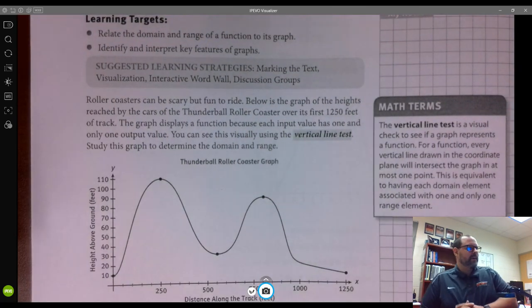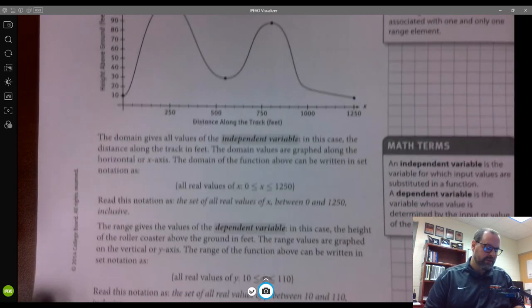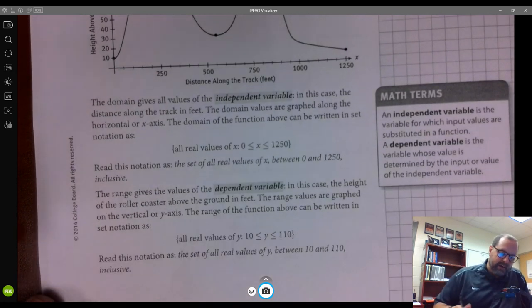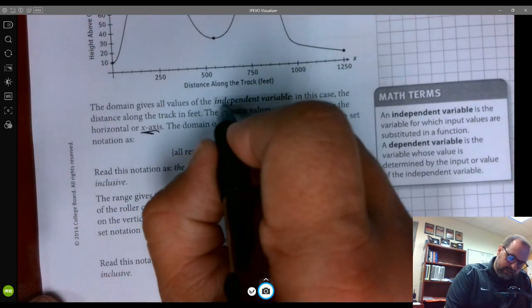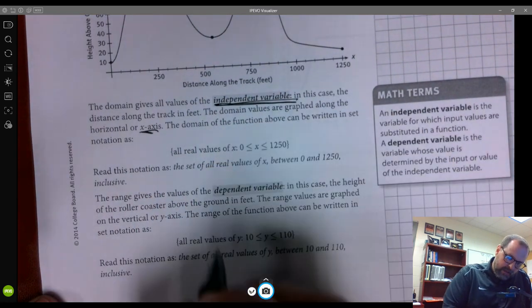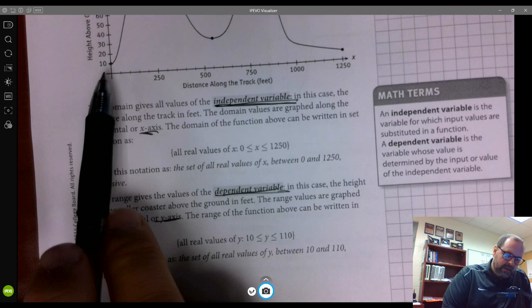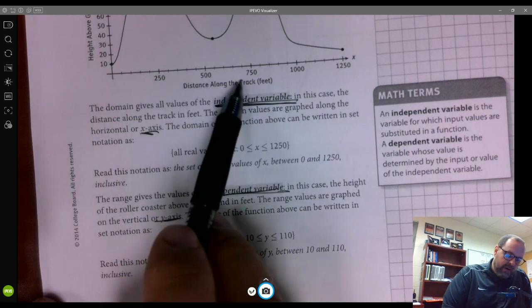So we talked about here, this is the beginning of 6.1. I should have started on 81. However, it's okay. Independent and dependent variables just go to x's and y's, really. The independent variable, x-axis. The dependent variable, y-axis. Why? It depends. How far along are you on the track?